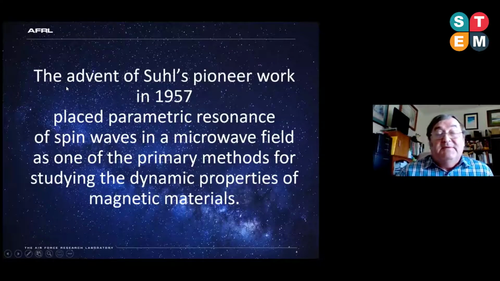And the advent of Suhl's pioneering work in 1957, when Harry Suhl showed that ferromagnetic resonance could be non-linear, and he explained it using parametric resonance, placed parametric resonance of spin waves in a microwave field as one of the primary methods for studying the dynamic properties of magnetic materials.